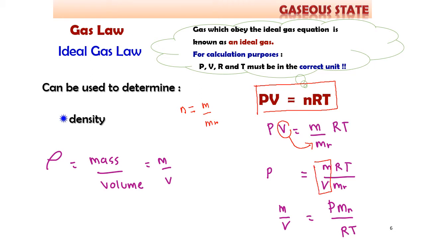If the question gives you information about density, you can use this formula and substitute it here as density. Or if you want to find density, just rearrange this formula and density equals pressure times molar mass over gas constant times temperature.